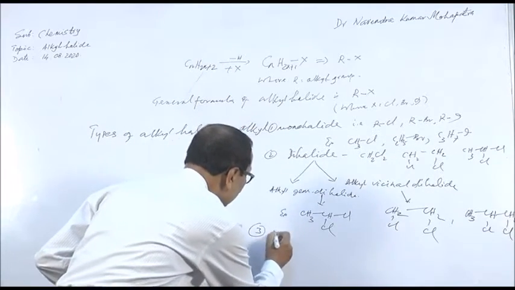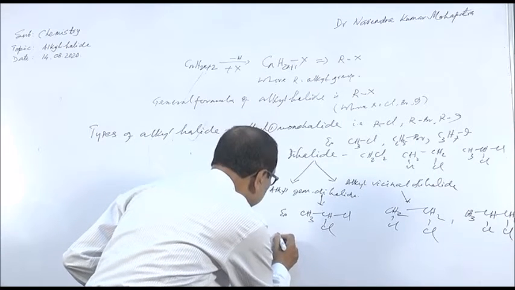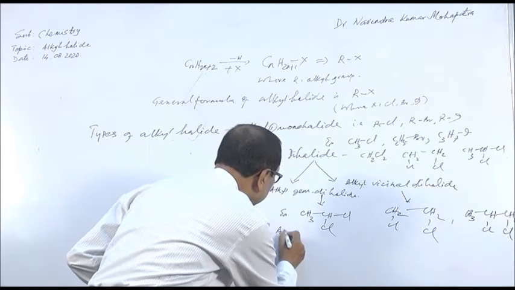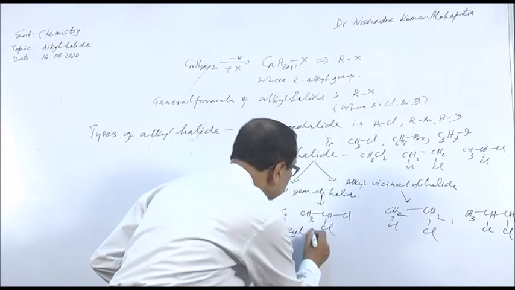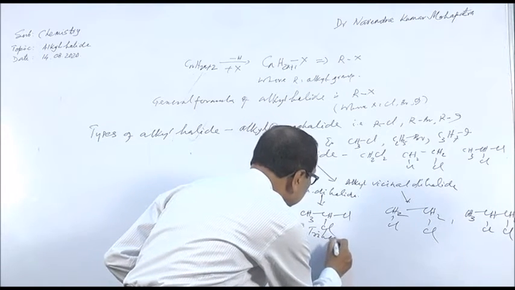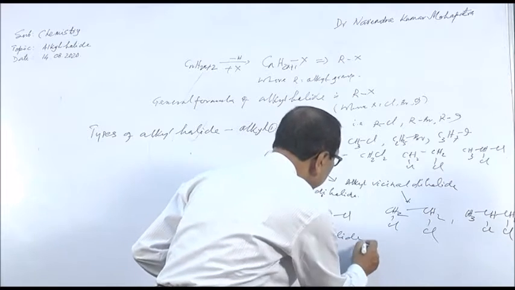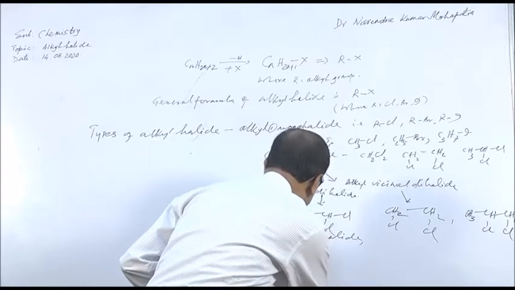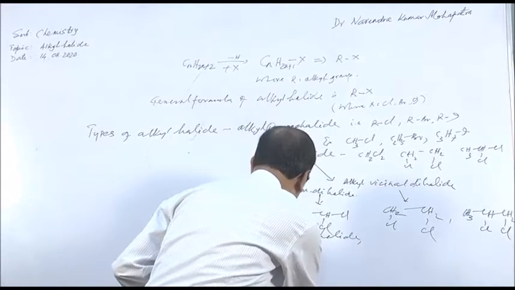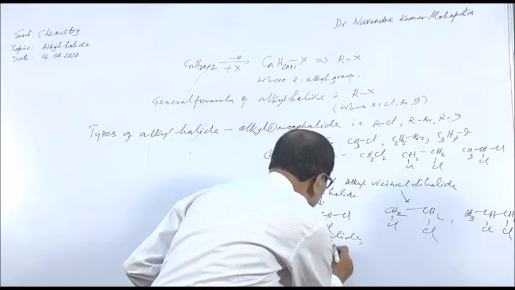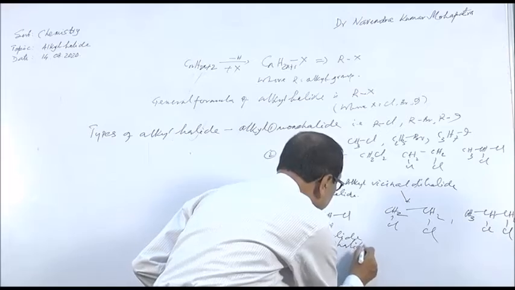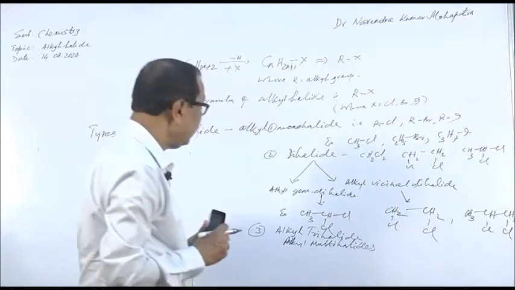The third one is alkyl trihalide, or alkyl multihalides, depending on the number of halogens.